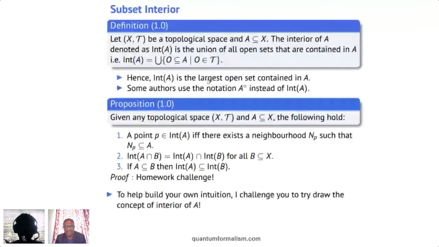So the interior is actually the largest, because it's a union, obviously it's the largest open set contained in A.